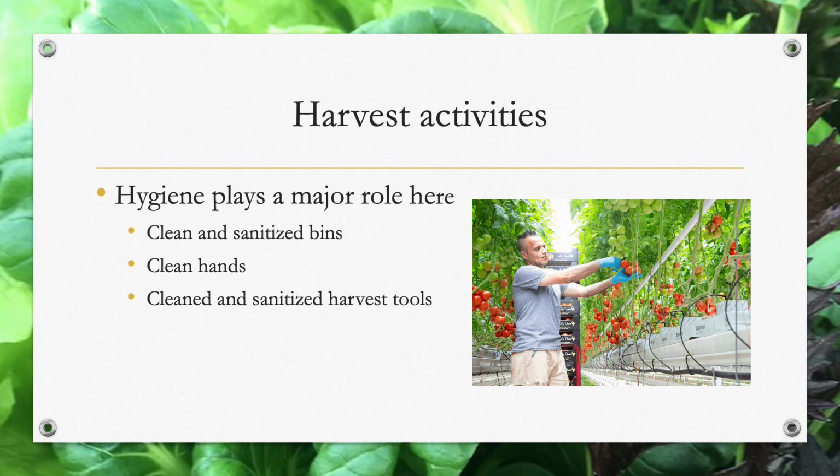If you are harvesting things where you're going to keep the root intact, like heads of lettuce, try to prevent water from contacting the edible portion of the crop. Just make sure that after things are harvested, they're not getting dripped on by other heads of lettuce that are being harvested. Just have a clean flow of harvest.